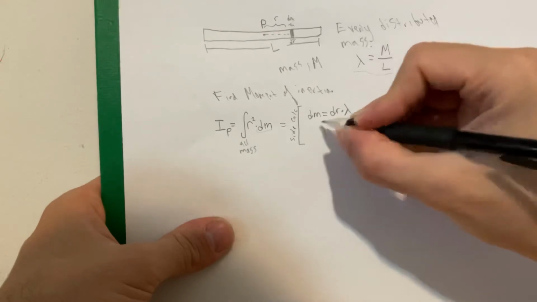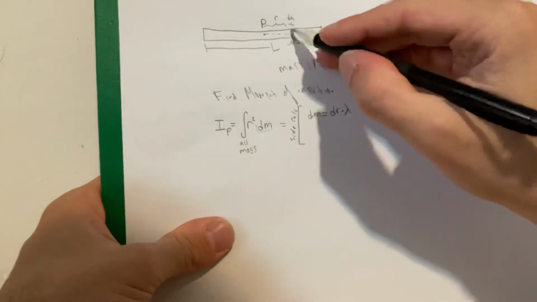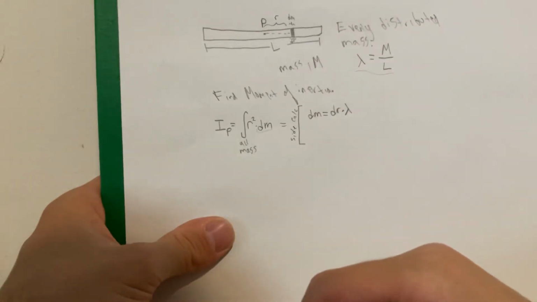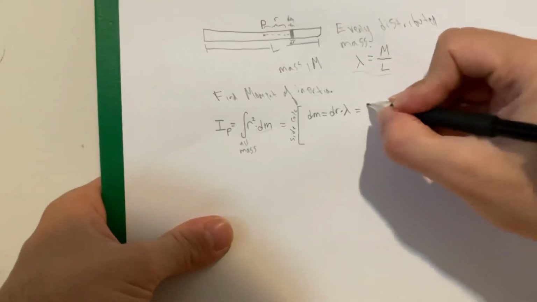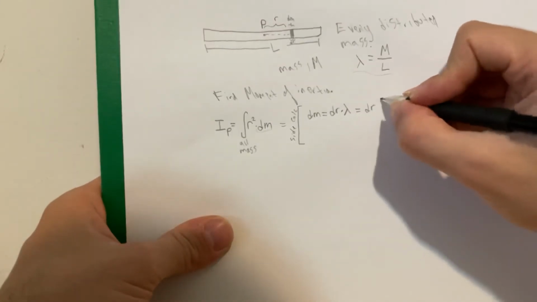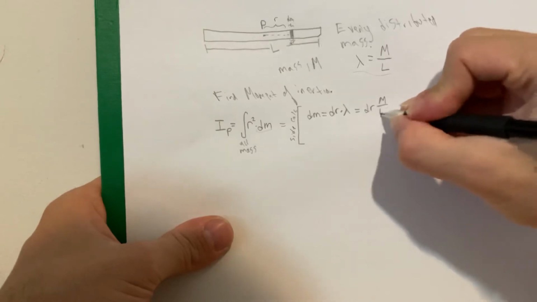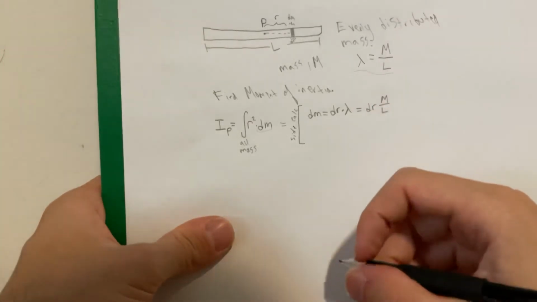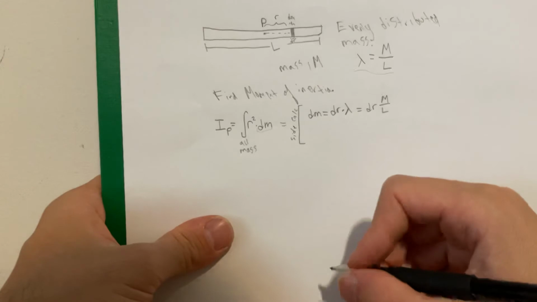And that'll give us the total amount of mass in that little area over there. We can also rewrite this as dr times M over L. I'm going to use this lambda here all the way until the end of the calculation because it's just less to write.